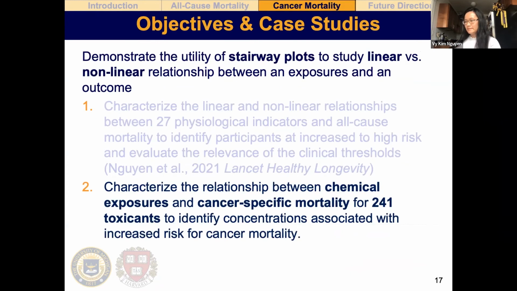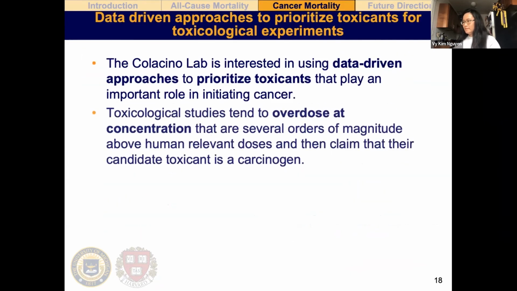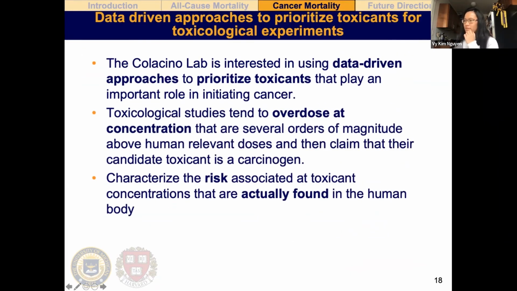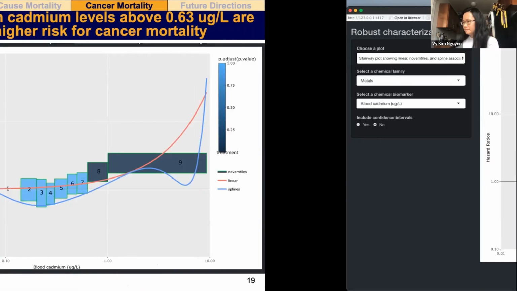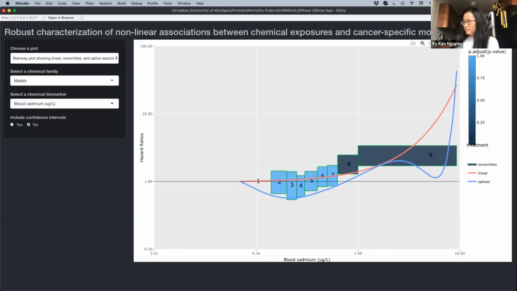Let me switch over to my Shiny app. To be honest, I still need to do quite a bit of work on this, but here I chose the minimum concentration to be the reference group, so we can see how the risk changes in sequence.